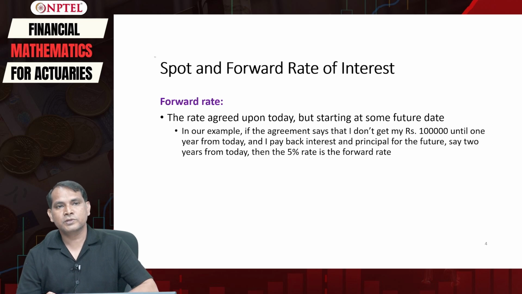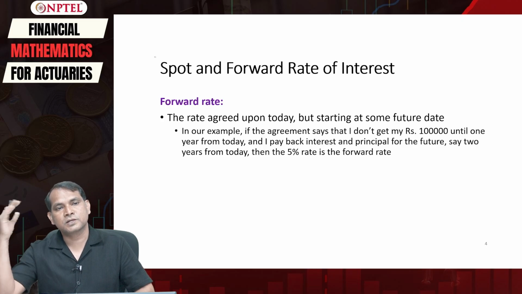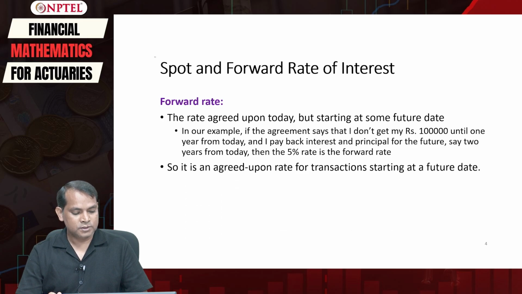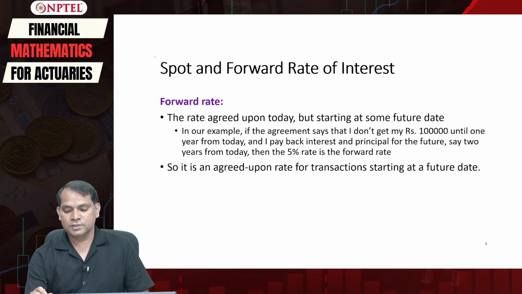So we are having a deal today, that is in period 0, for a transaction that will take place sometime in the future. So it is an agreed upon rate for a transaction starting at a future date.